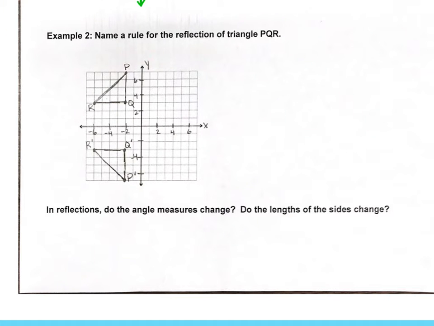For example 2, we're going to name a rule for the reflection of triangle PQR. So we want to know what is happening. And we can easily tell that it was a reflection across the x-axis because that's what it flipped across. So I'm going to note that it flipped across the x-axis.